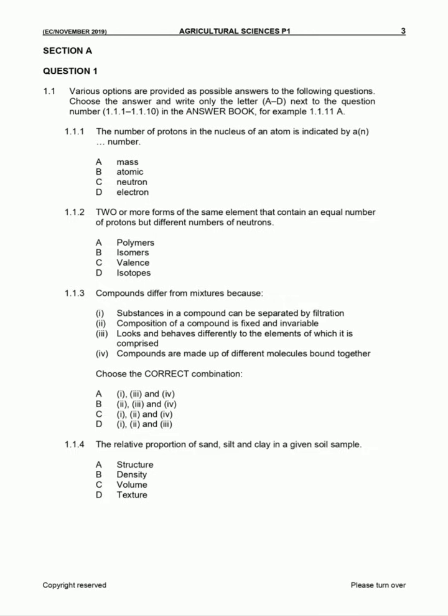The relative proportion of sand, silt, and clay in a given soil sample. What is the correct letter there? Take your time. This is your time to define what is meant by structure, density, volume, and texture. This is term 1 work.